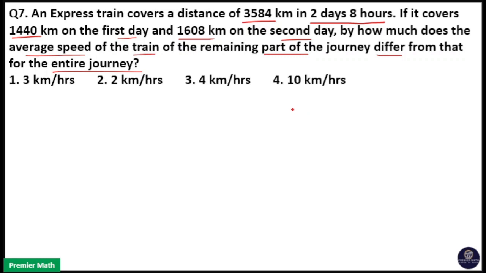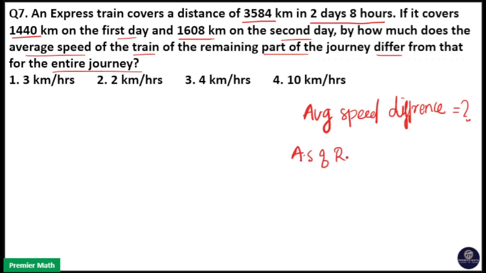So we have to find out the average speed difference: the average speed of the remaining part of the journey minus the average speed of the entire journey.